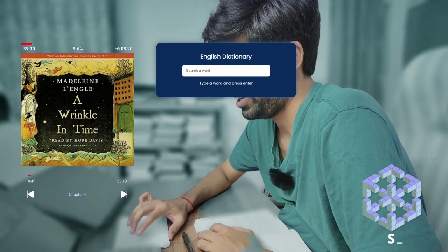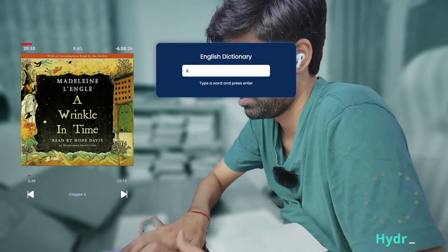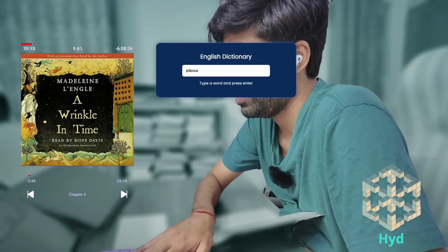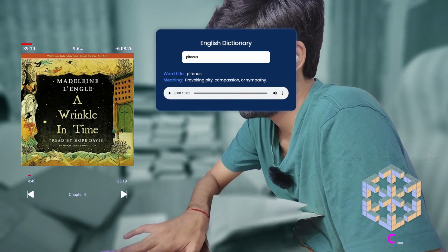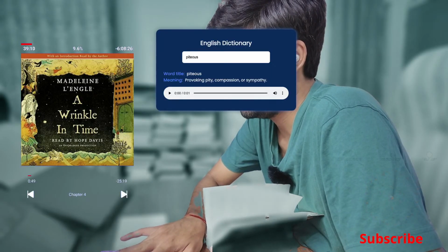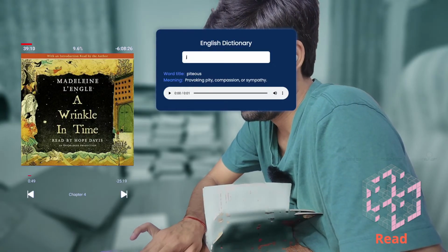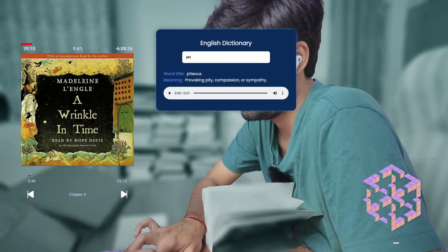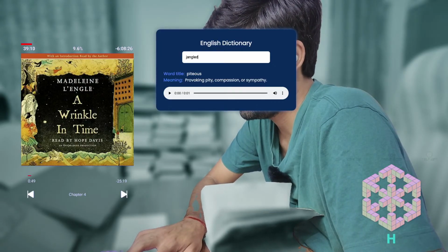Two words right off the bat. Piteous. What is a piteous meow? Okay, so quite expectedly it was related to pity. And I have never heard a verb that has been used with an alarm.